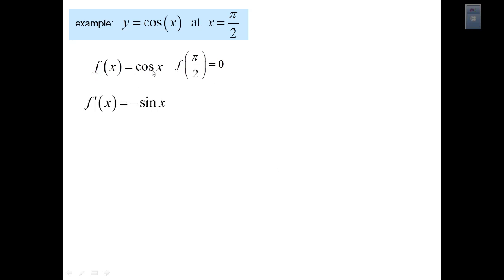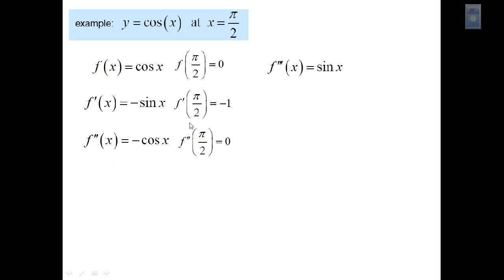So f of x equals cosine x, and cosine of pi over 2 gives you 0. f prime of x equals negative sine x, and negative sine of pi over 2 gives you negative 1. f double prime of x is the derivative of negative sine x, which gives you negative cosine x. Evaluate that at pi over 2: cosine of pi over 2 is 0, negative doesn't matter, so it's equal to 0.